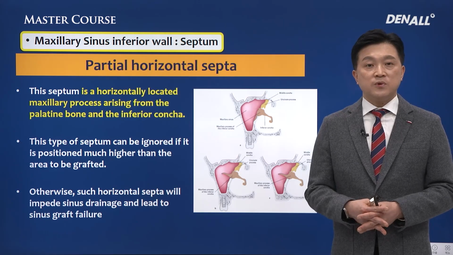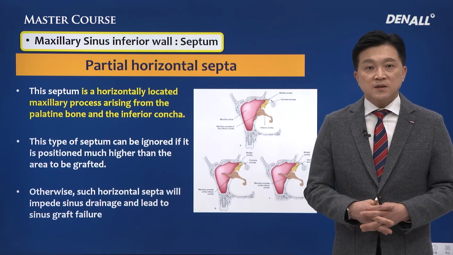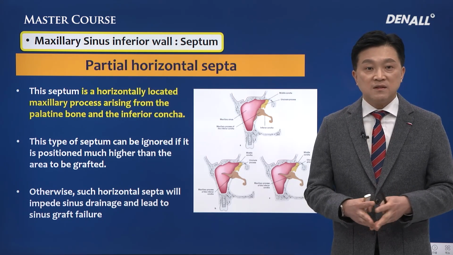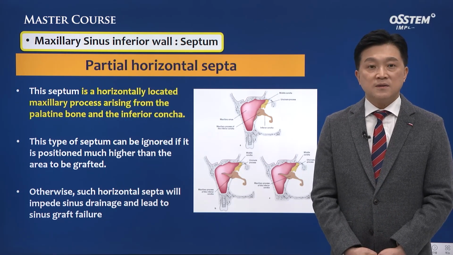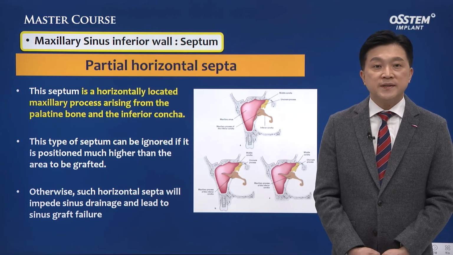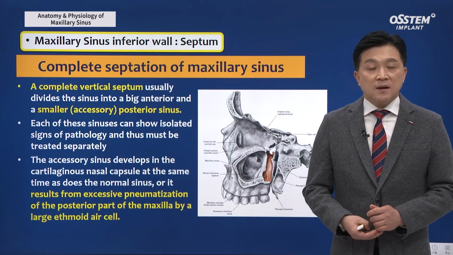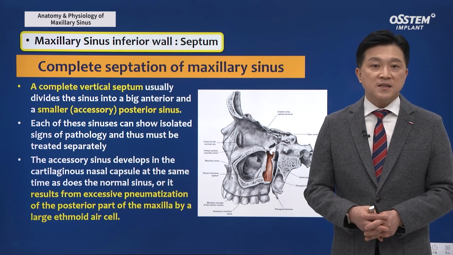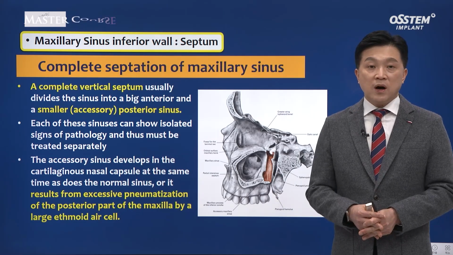In the case of partial horizontal septa, the precautions we need to take is that after sinus surgery, because of this, drainage may not occur properly, and as a result, problems may occur. This is the clinical implication that we need to be aware about. It is difficult to call this a septum, but there can be complications related to complete septation.